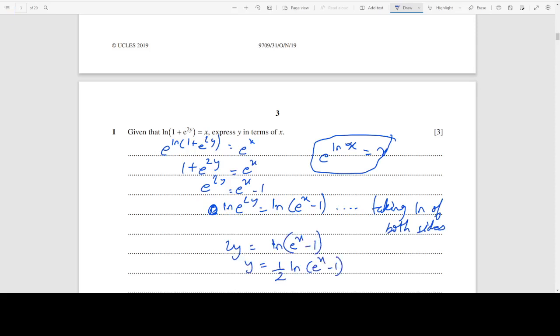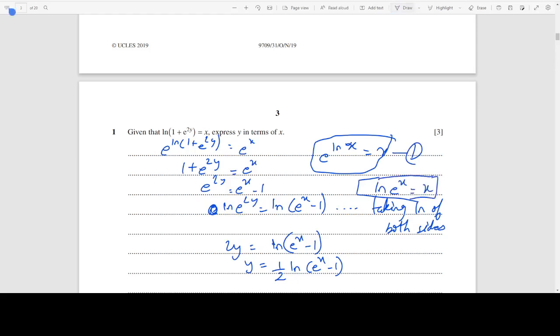So I hope you guys understood this. It's just a simple rule that we used. Well, two rules actually. This is the first one, and the second one is that ln of e raised to x of any number is equal to x.